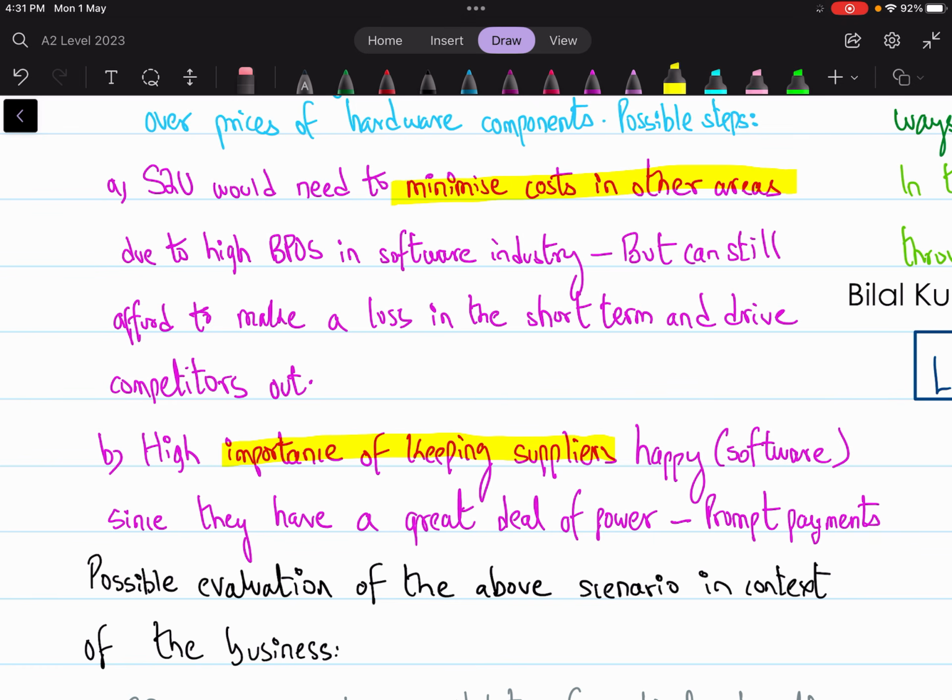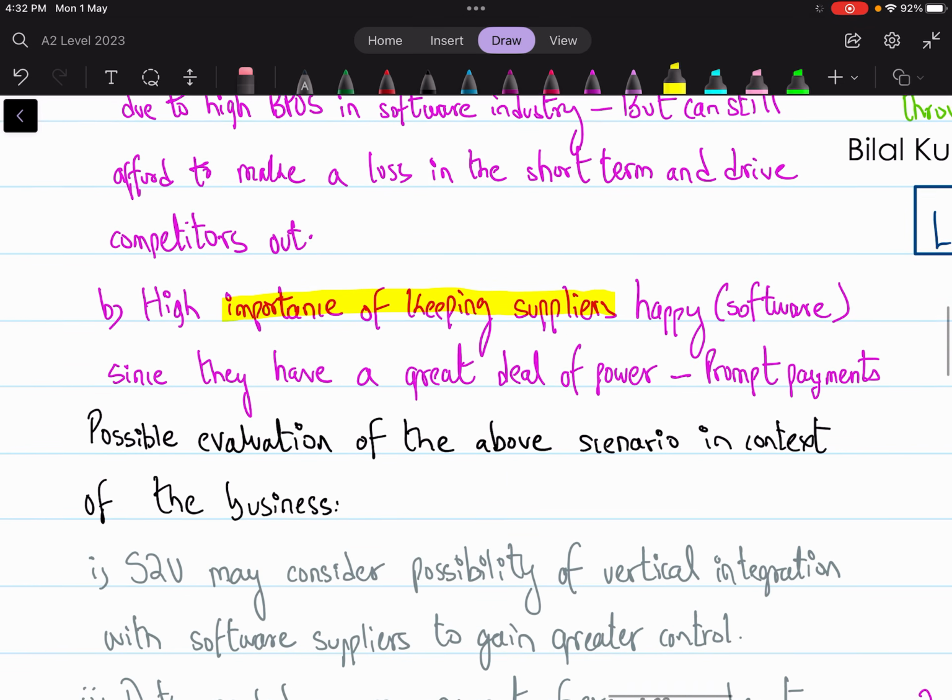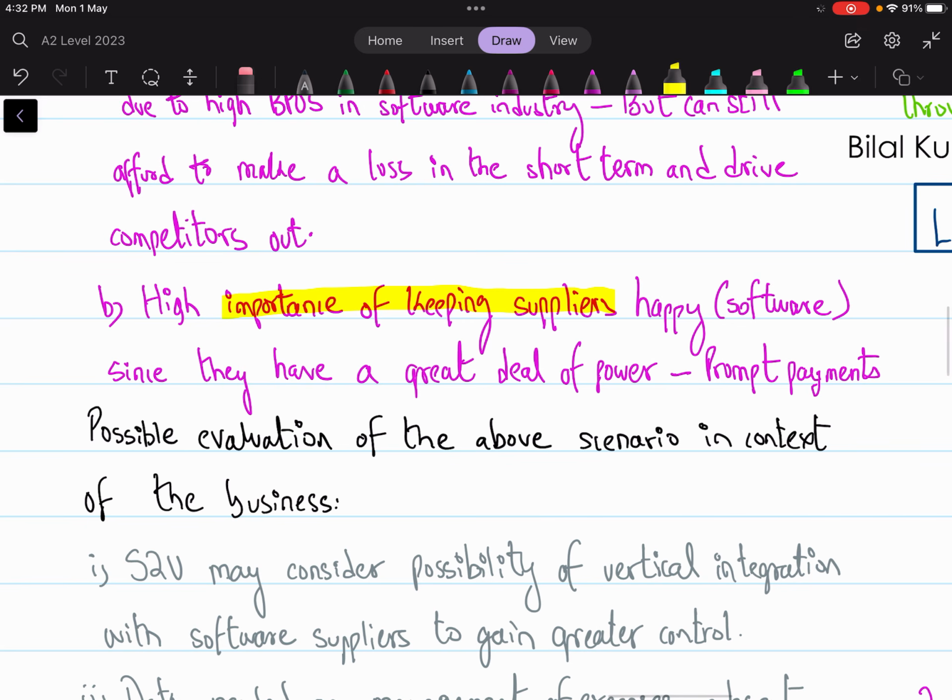Is there any way that you can minimize the impact of this particular drawback, of this particular problem? Perhaps you can consider merging or taking over one of your software suppliers. So chances of vertical integration with your software suppliers can actually minimize the intensity that this drawback carries.